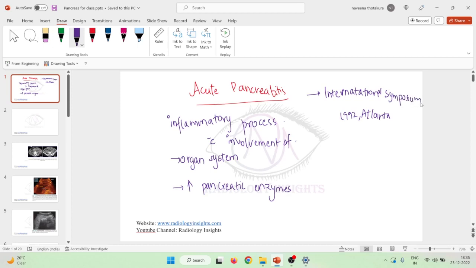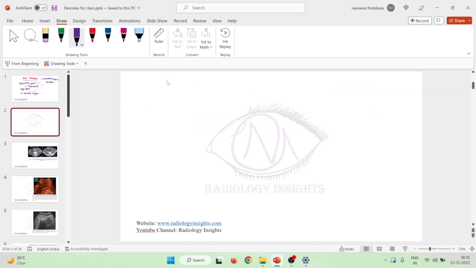In patients presenting with acute pancreatitis, it is a benign disorder and actually a self-limiting disorder. So, it gets healed on its own.